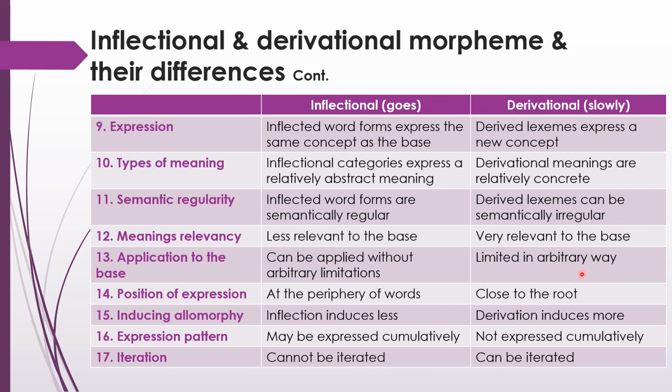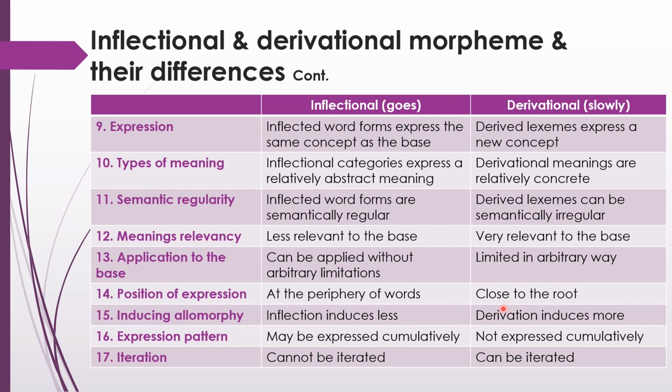And then the position of expression, that means at the periphery of words. Periphery means at the boundary of words. So the presence of inflection will be at the boundary of words, whereas derivation is very close to the root.